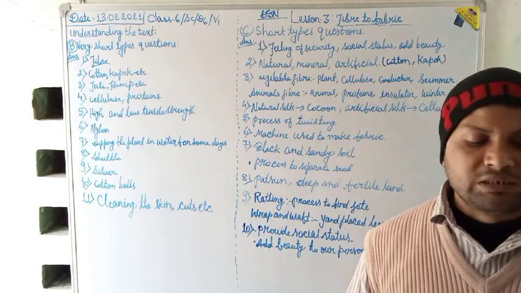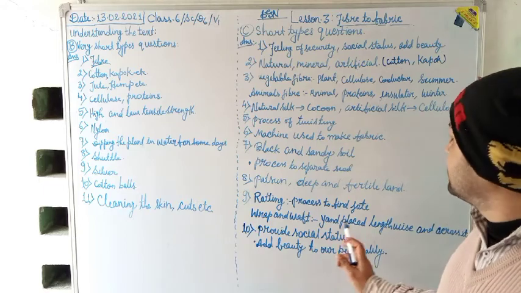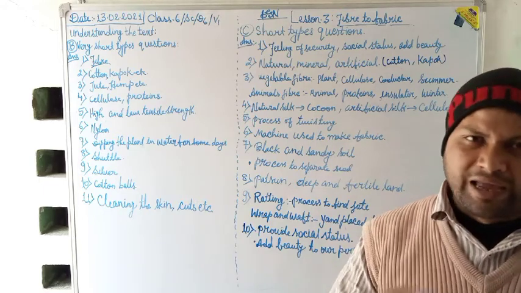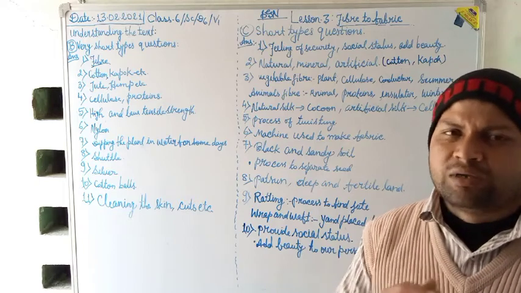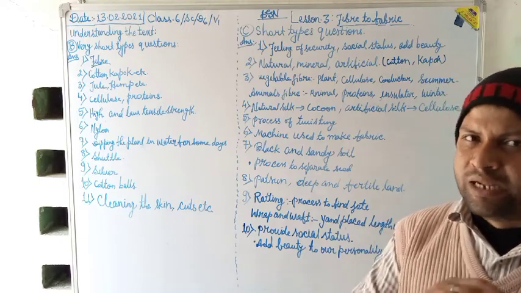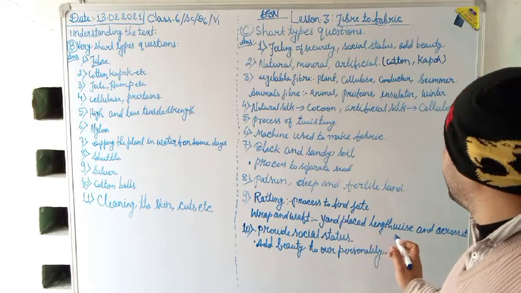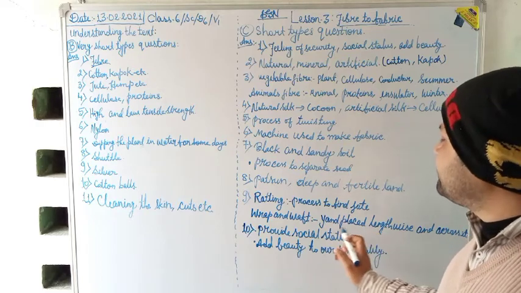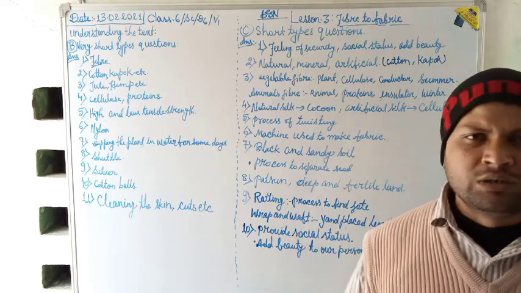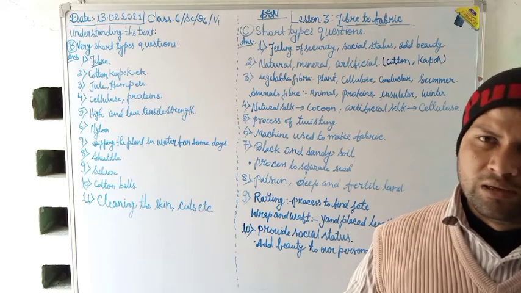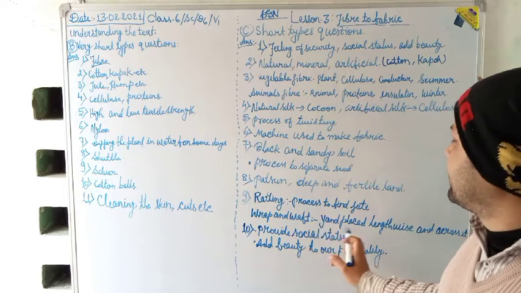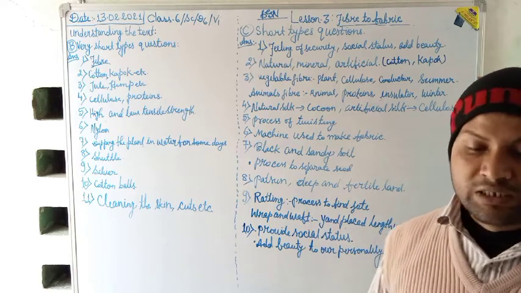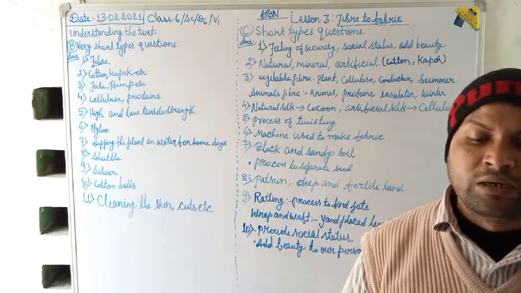The yarn placed lengthwise is called warp, and the yarn kept across the warp is called weft. These are the processes used to get sheets of fabric, called warp and weft. So this is the right answer for question number 9.